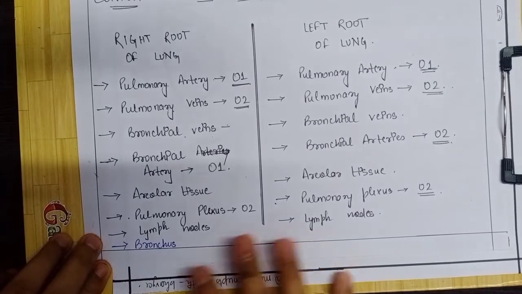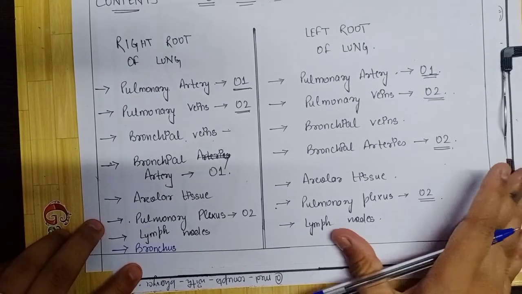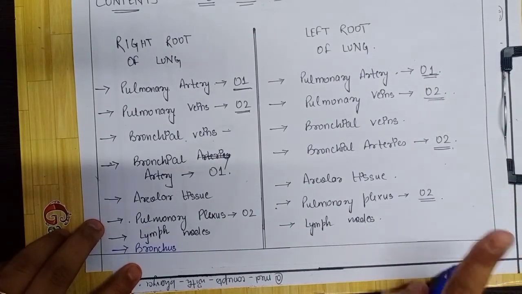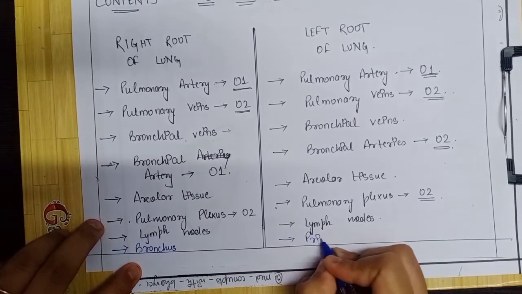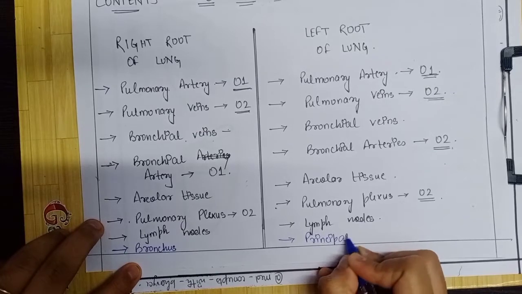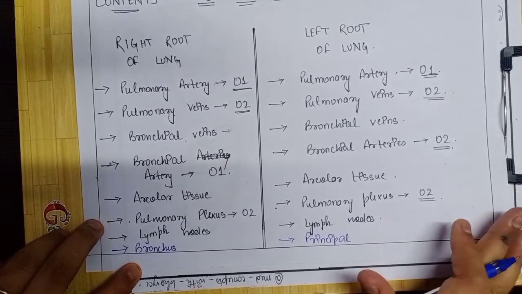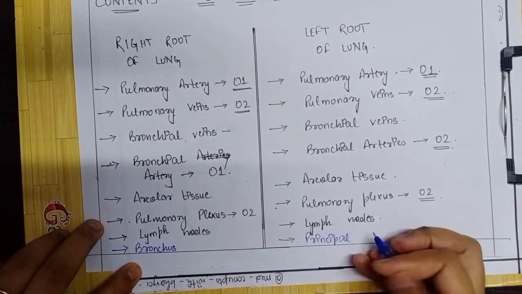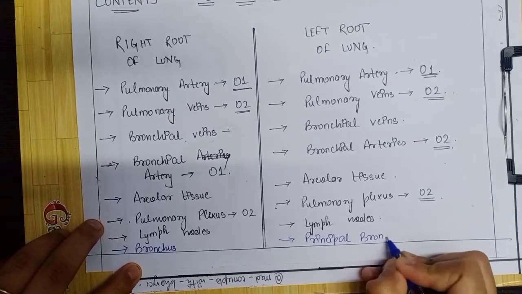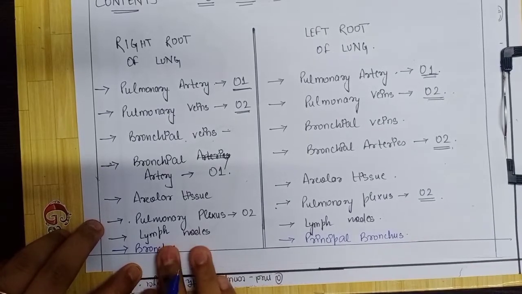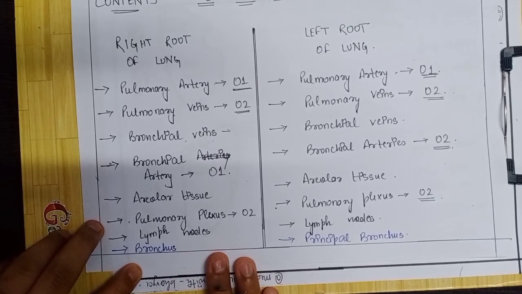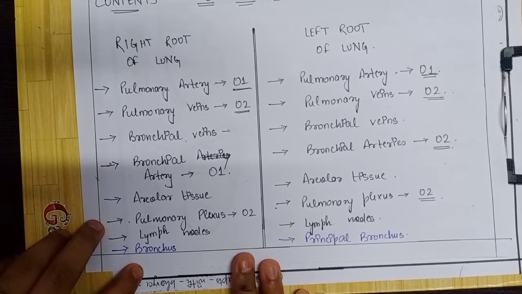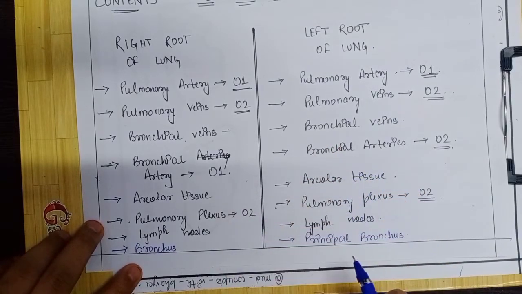Please remember, on the left side we have only one bronchus, which is known as the principal bronchus, whereas the right side has two bronchus, which are known as eparterial bronchus and hyparterial bronchus. Epa is above and hypa is below.